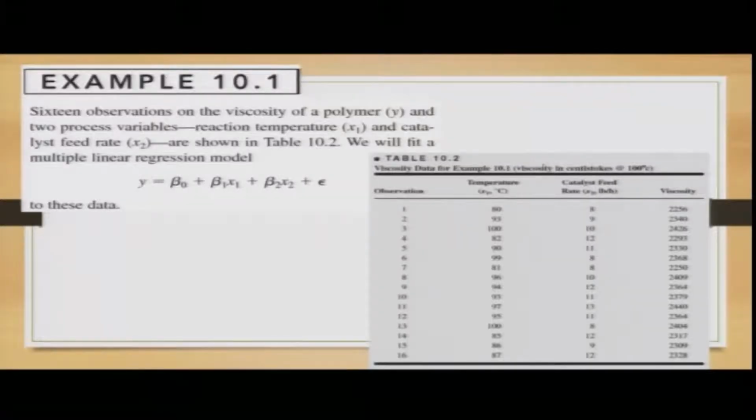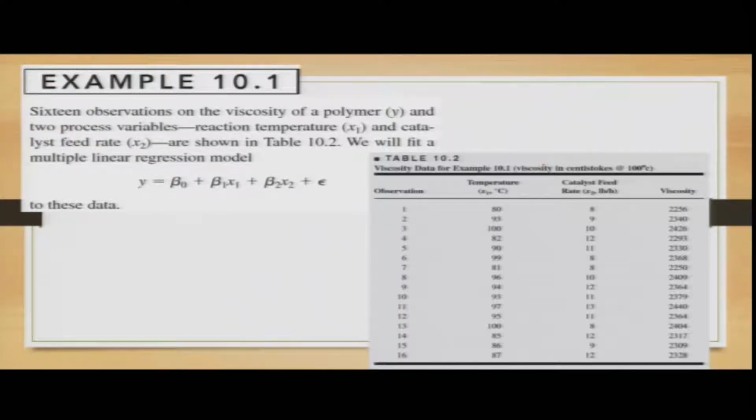So let us consider the example of 16 observations on the viscosity of a polymer. The y value is the viscosity of the polymer which you want to estimate or forecast, and two process variables are being utilized: x1 is the temperature and x2 is the feed rate of the catalyst. These are the parameters based on which we will try to find out the viscosity of the polymer.